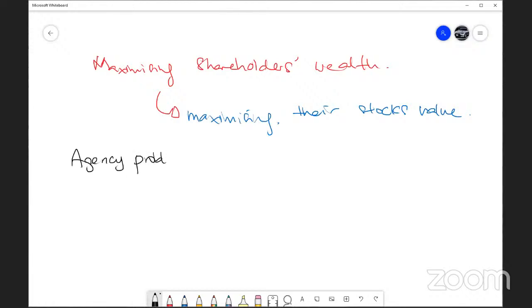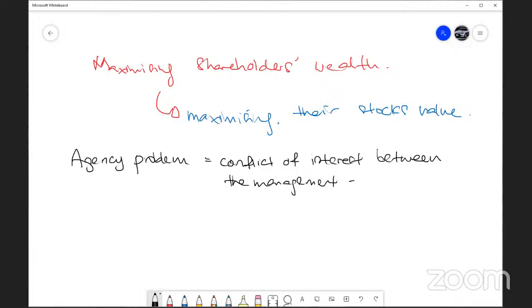To define agency problem, it is basically a conflict of interest between the management team or between staff and the owner. Okay, and the owner. So, do you think agency problem arises in sole proprietorship and partnership?